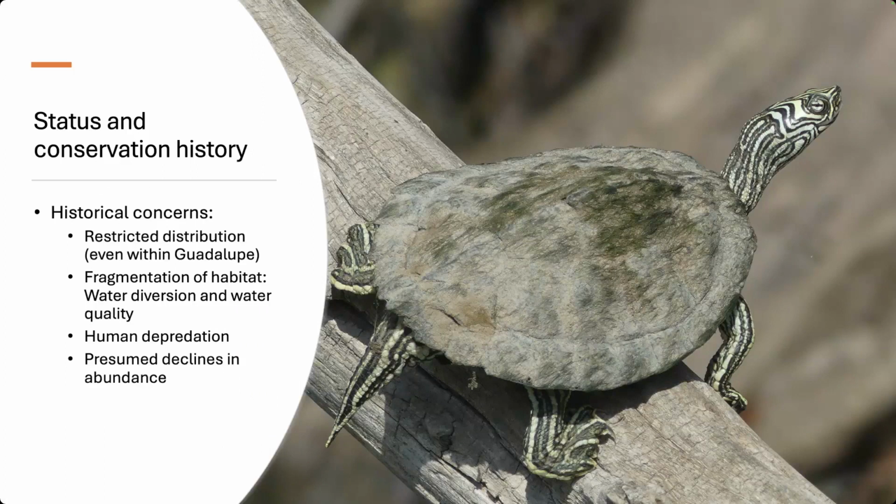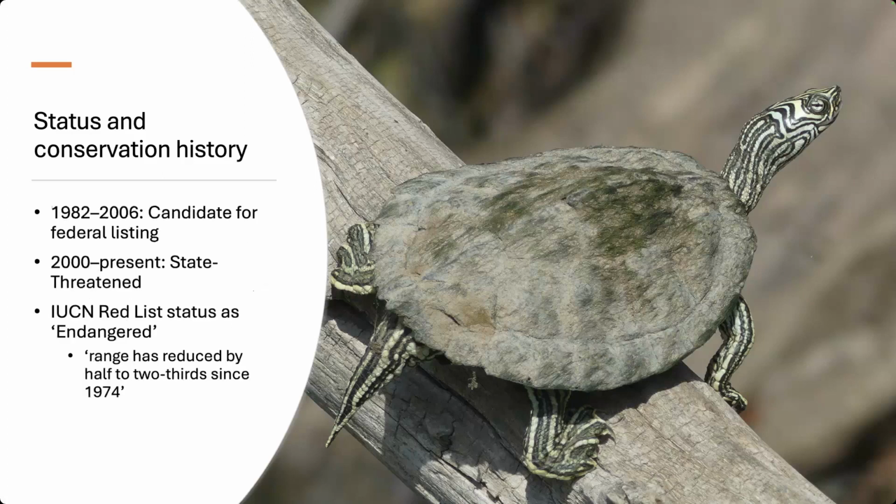Also, there were concerns about the fragmentation of habitat, in particular water diversion and water quality, particularly because of the conception that these map turtles did not do well in reservoirs. And also at the time, there were a lot of plans for the construction of additional reservoirs in the Guadalupe River system. Human depredation, as well as just general presumed declines in abundance.